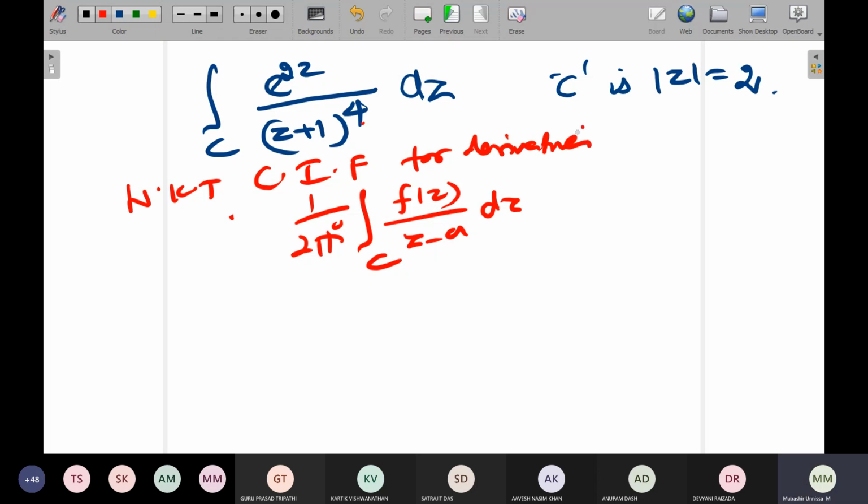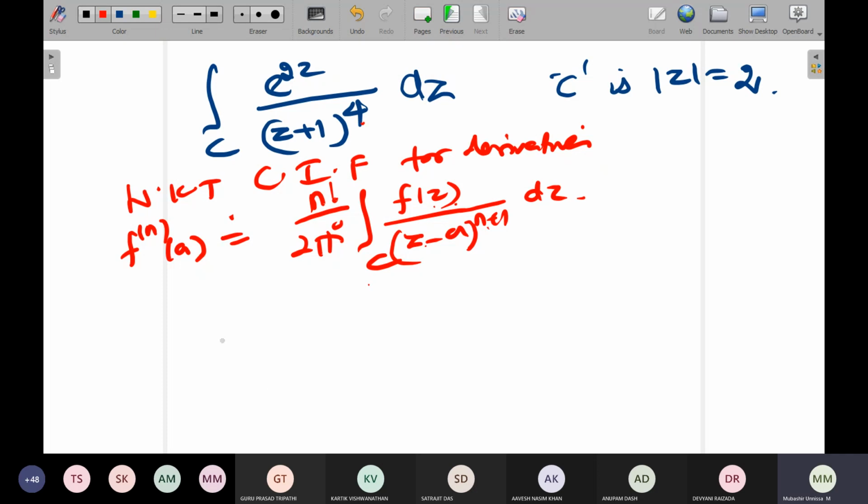We know the Cauchy integral formula for derivatives. So what is the formula? f^n(a) will be equal to n factorial divided by 2πi integral over C of f(z) divided by (z − a) whole power n + 1 dz.